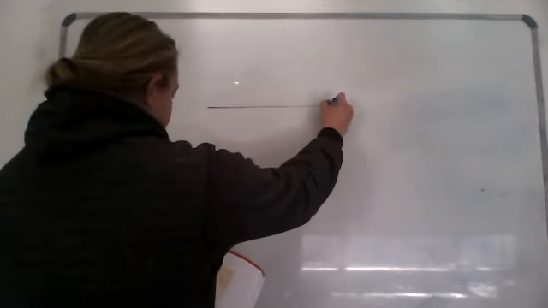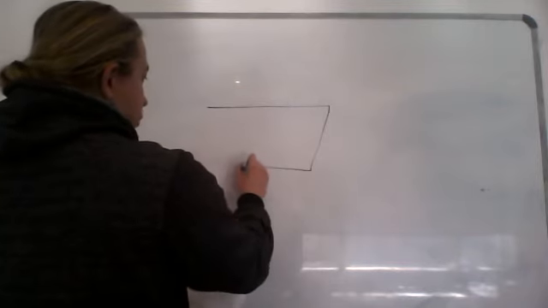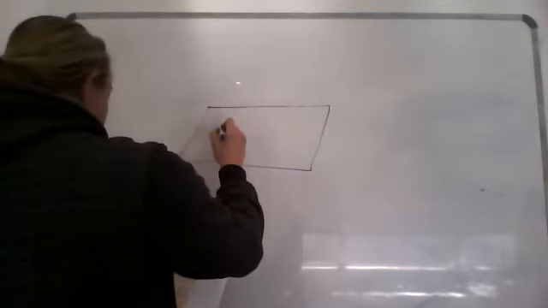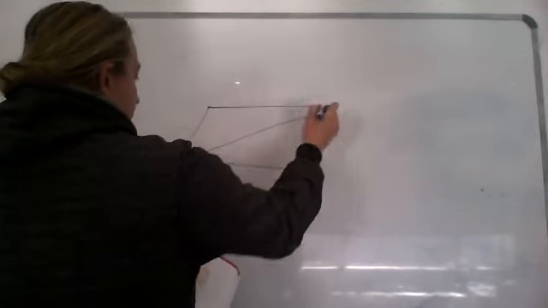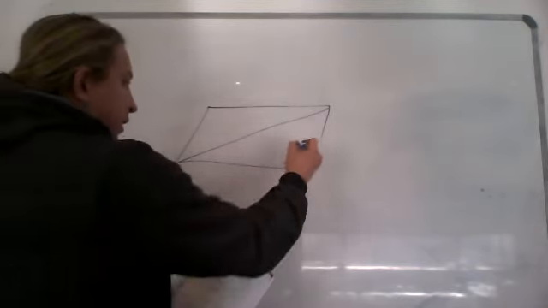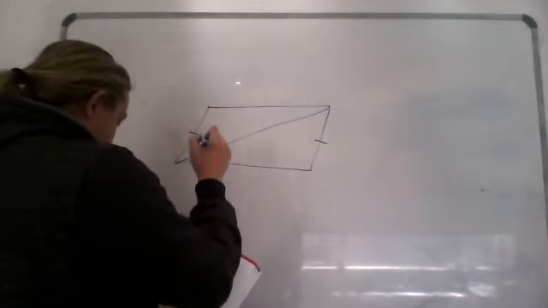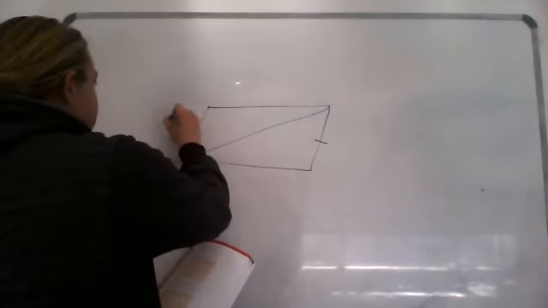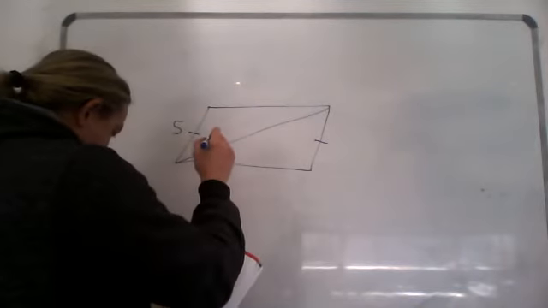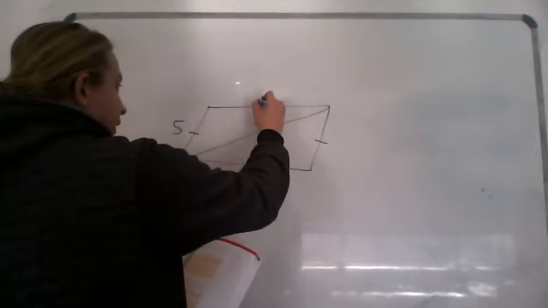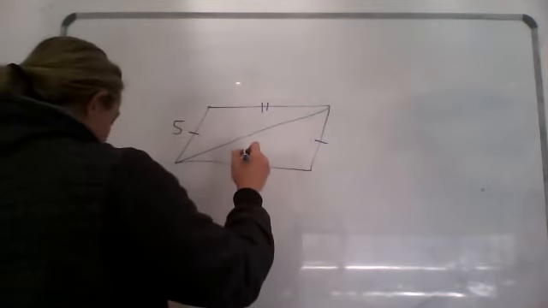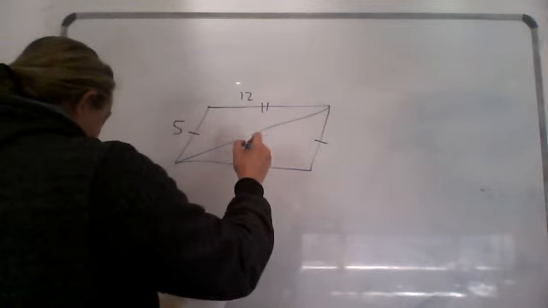Okay, so here's my first shape. Okay, it looks like that. They say this side equals that side. This side is 5. This side equals that side. This side is 12.